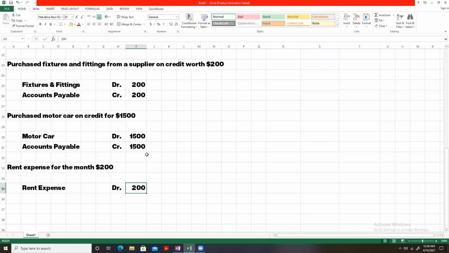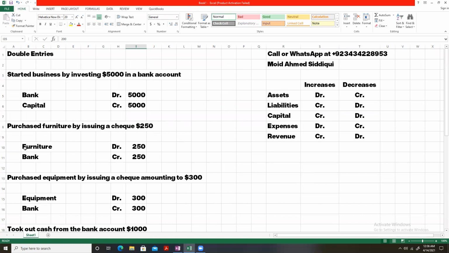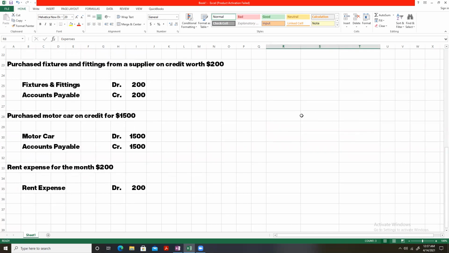So when we incur expenses, expenses increase. Oh, here I have wrongly mentioned. Sorry, this is revenue. So whenever an expense is incurred, we debit the expense account.